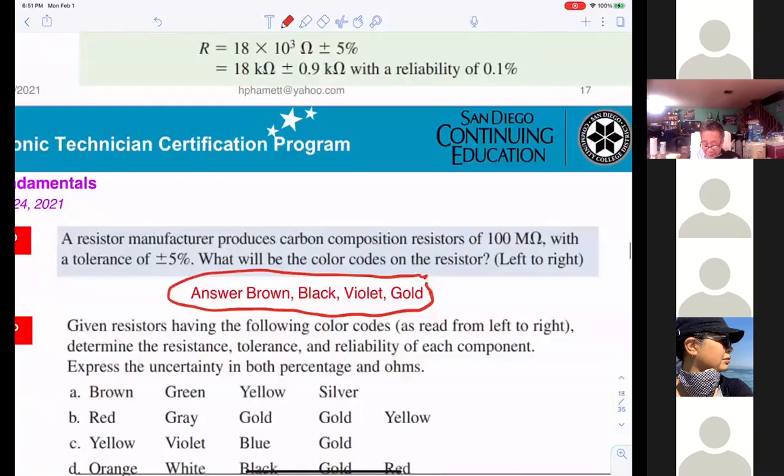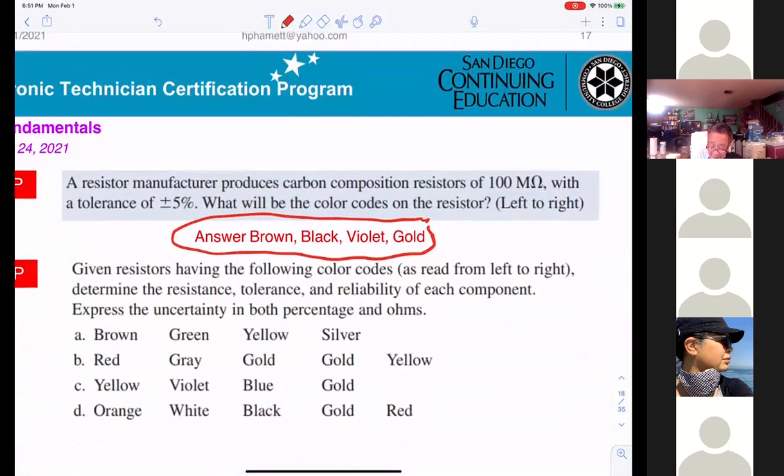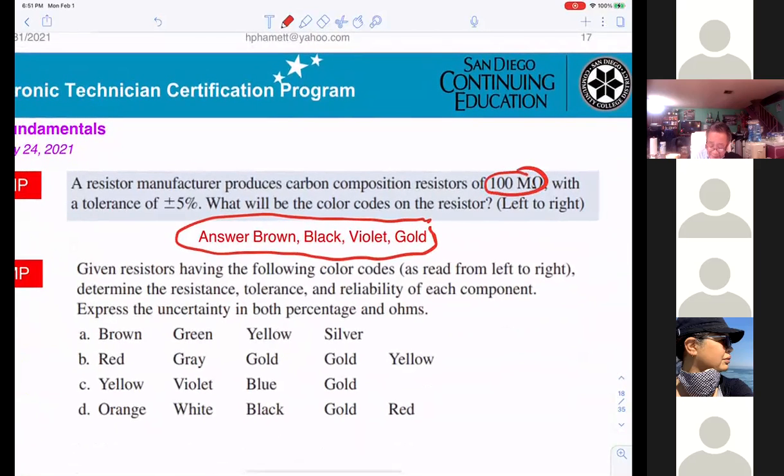So basically what I telling you, they given the value and they asking you to tell what the color code is. However, we don't need that for technician. Okay. You go to the college, maybe they asking you.